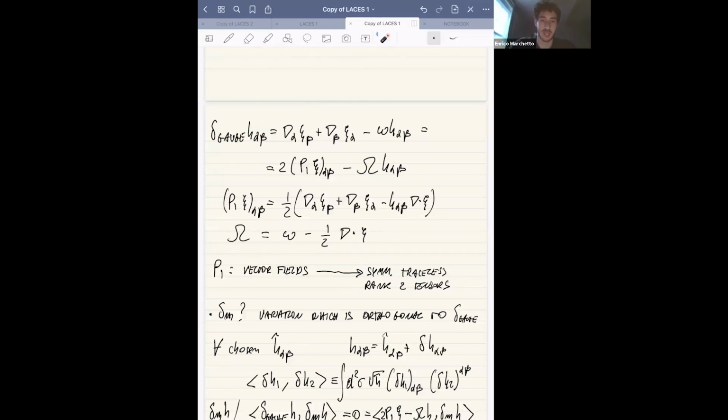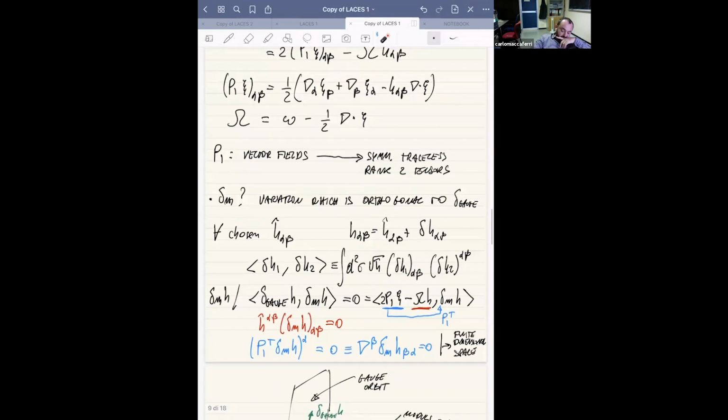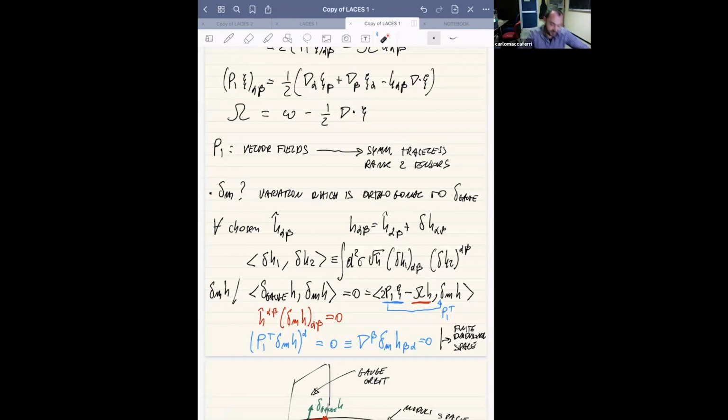Yeah, so I was wondering why we are allowed to detach, so to say, independently the product between P_1 and the moduli variation being zero, and omega. Oh, here you mean? Yeah, exactly. Because that's what I'm telling you, these two guys here belong to two different irreps.